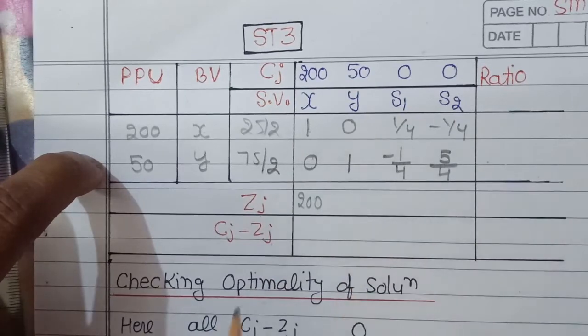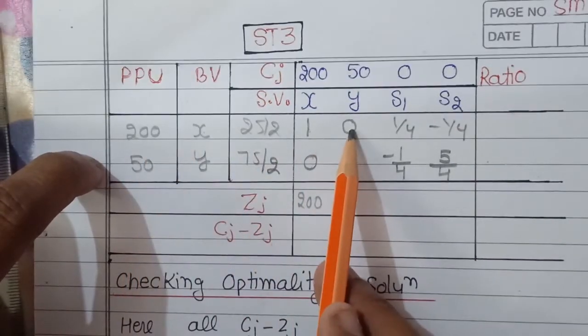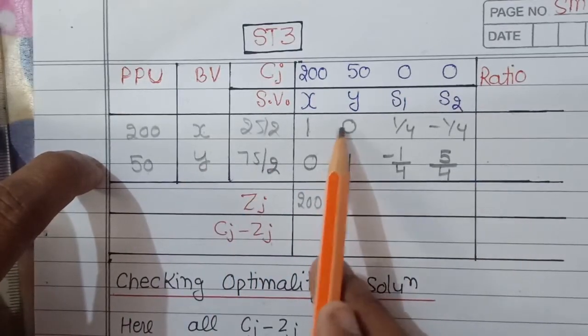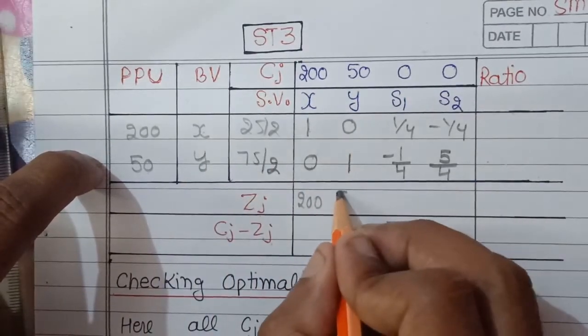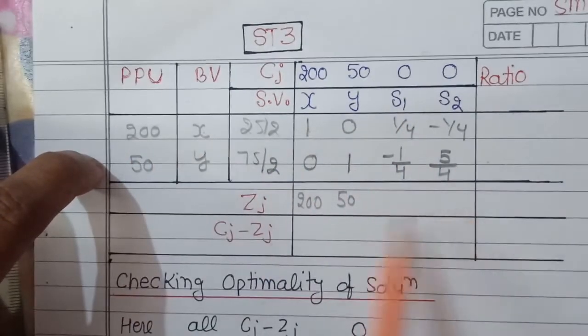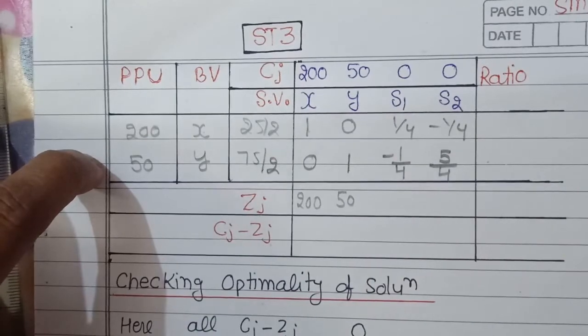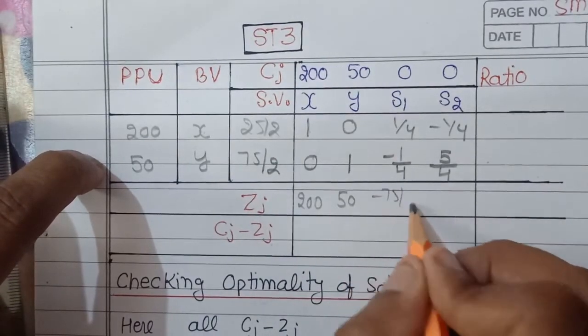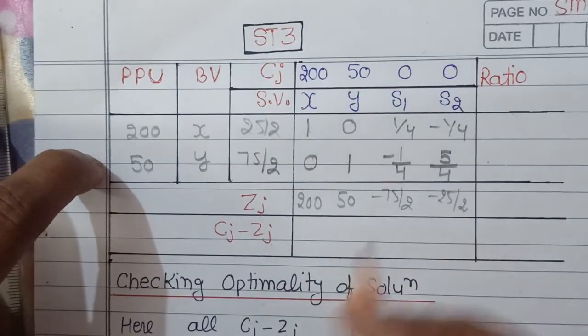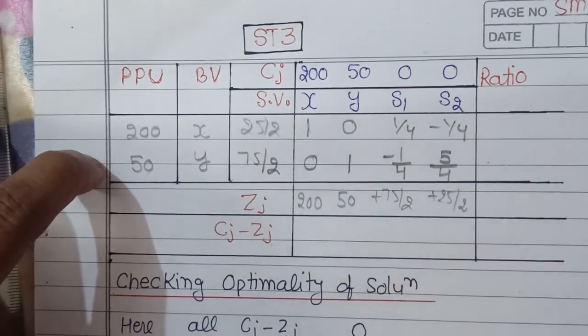Now if you multiply this 200 with this 0, the value will be 0, and if you multiply this 50 by 1, the value is 50. So 0 plus 50 comes out to be 50, and if you solve for these two columns, the values will be 75 by 2 and 25 by 2.